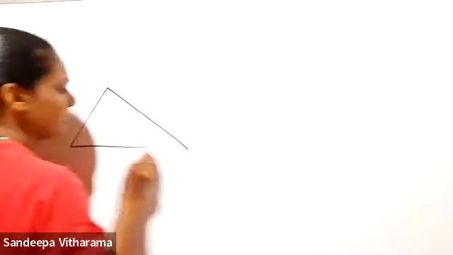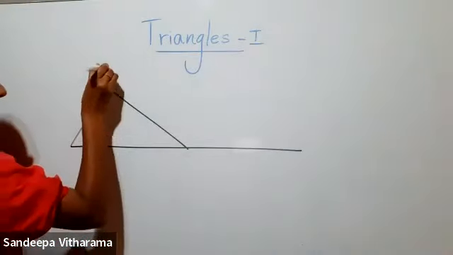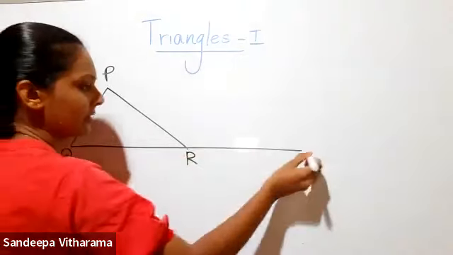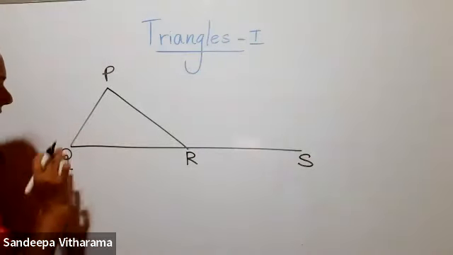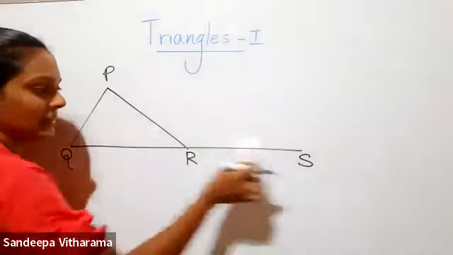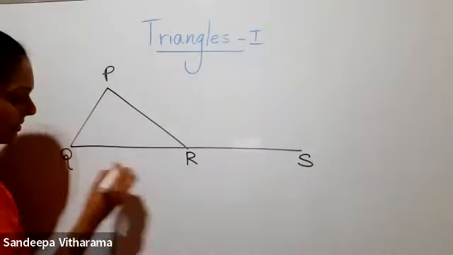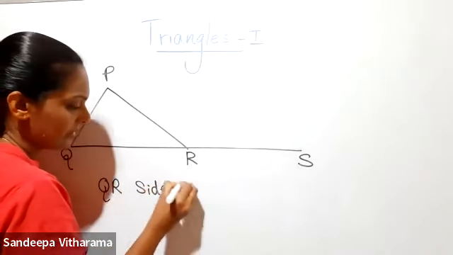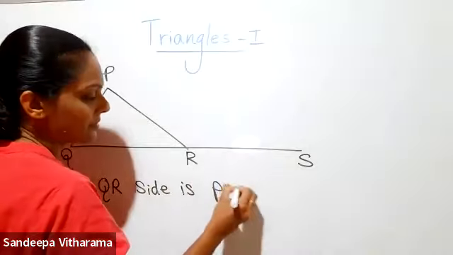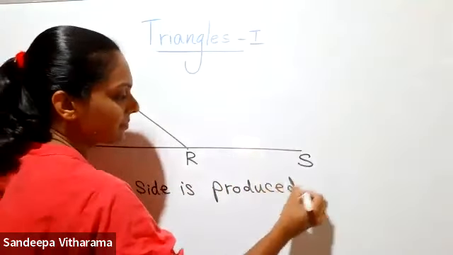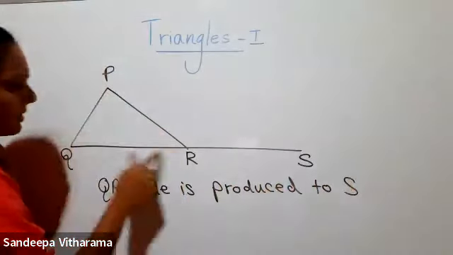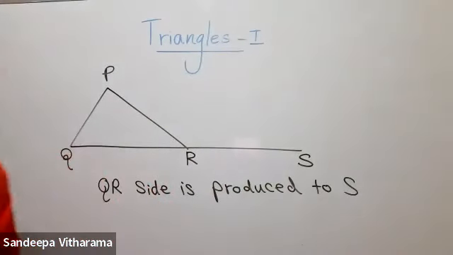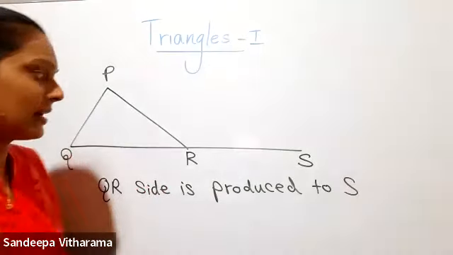There is an angle. Then it is P, Q, R, S. Then here QR side is produced to S. QR side is produced to S. Then what happens? Then an exterior angle is formed.